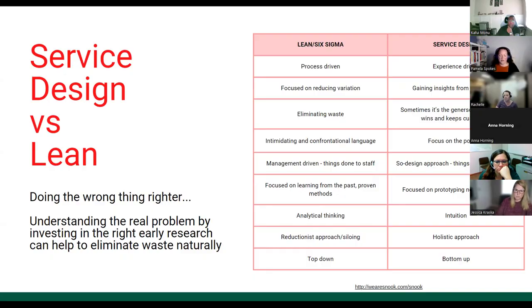Then we have lean focused on reducing variation or reducing waste, versus gaining insights from the outlier. So it's important to know what the edges of the problem are, and then design for that. Usually when you're designing for the outliers, you're also designing for those people that are in between for the most part.